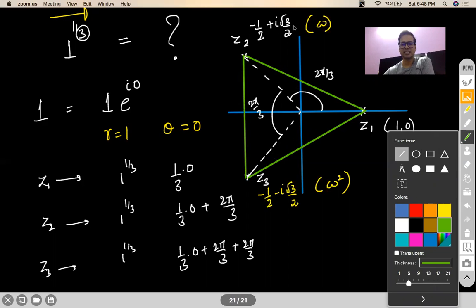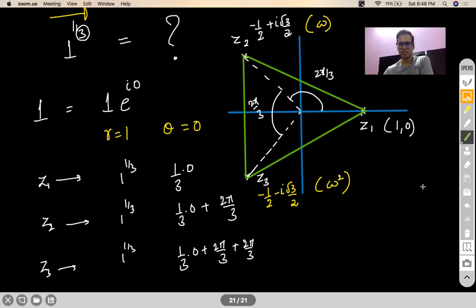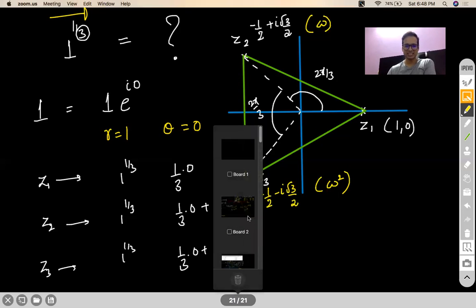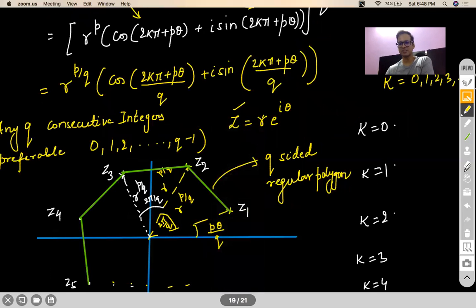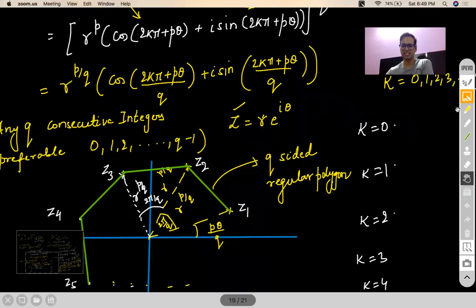Yes, any question? I can see one question arising. Sir, how is it 2 pi by 3? Aditya, I have to go back again to the previous slide. You have to increase your answer by 2 pi by q. Didn't we discuss that? You people don't note this down. Come back here. See, what did I write here?